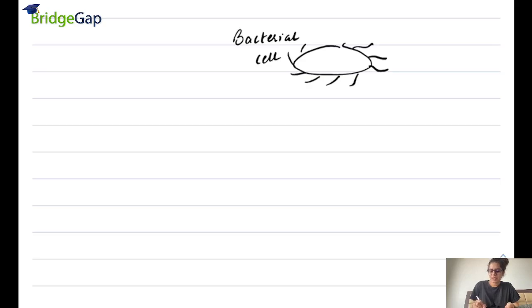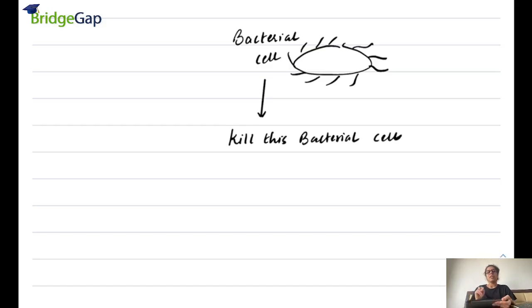Okay, let's say this is a bacterial cell, and I want to kill this bacterial cell. My question is, which kind of condition should I keep this bacterial cell in?